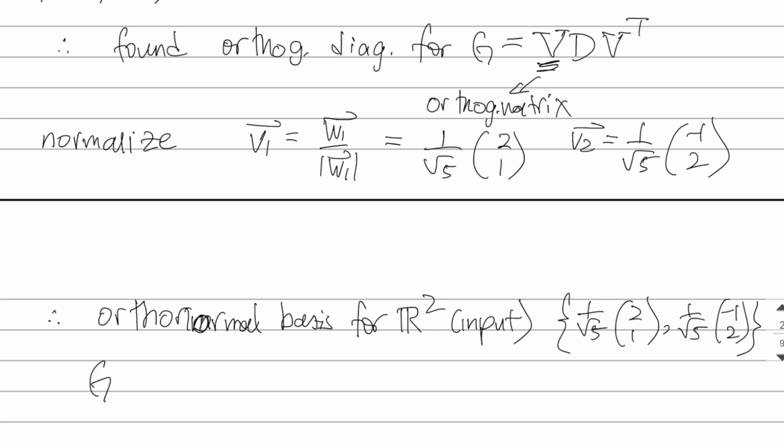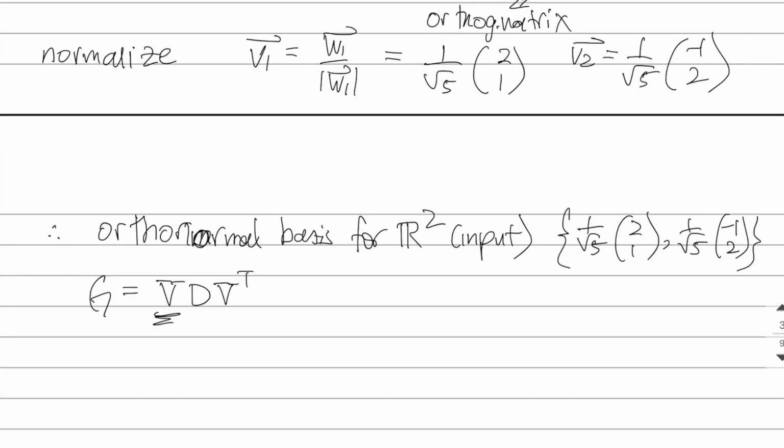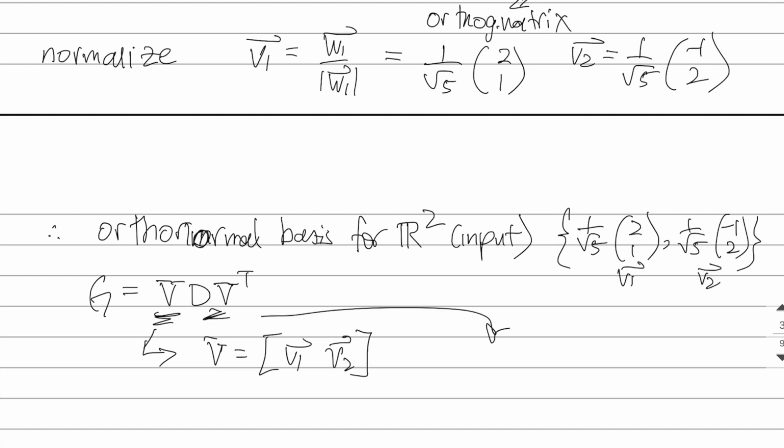And the orthogonal diagonalization is this matrix V, D, V transpose. This matrix V holds these two orthonormal eigenvectors, V1 and V2, so this vector here and this vector here. The matrix D is a diagonal matrix that holds the eigenvalues that correspond to these things. So we'll have a 90, a 0, a 0, and a 10.